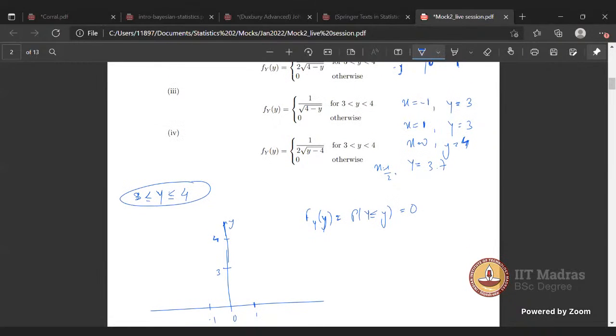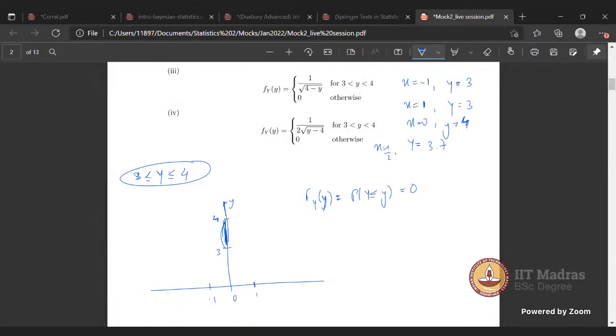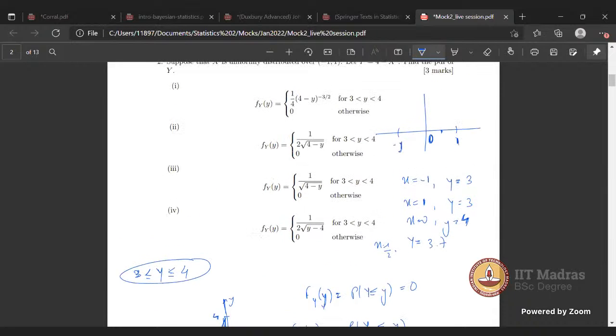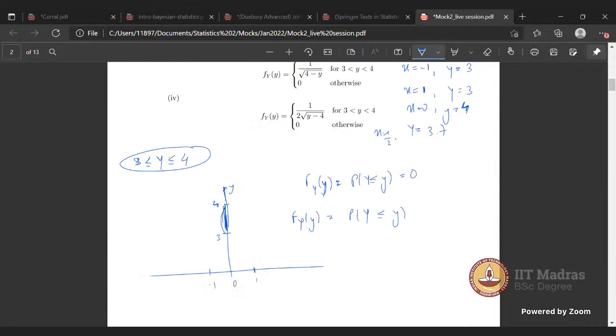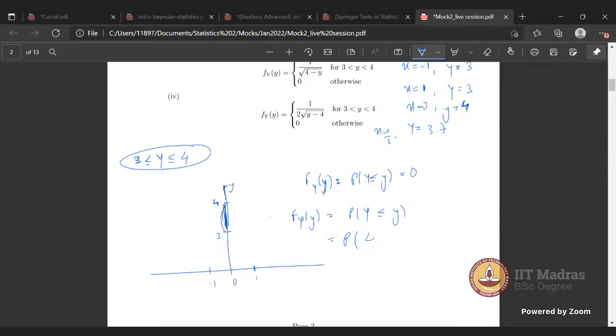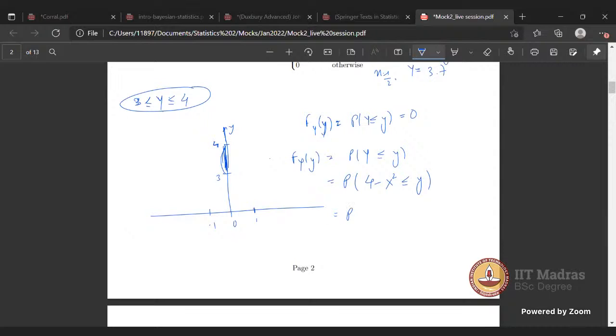So basically we have to find it for whatever y is lying between 3 to 4. So for y lying between 3 to 4, we have F_Y(y) to be the probability of Y less than or equal to y, and Y is 4 minus x squared. So 4 minus x squared is less than or equal to y, and this we can write as minus x squared less than or equal to y minus 4.